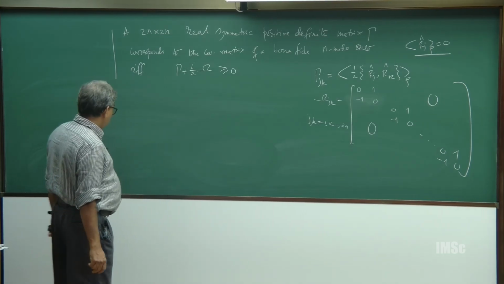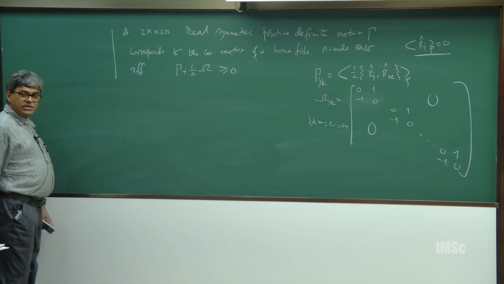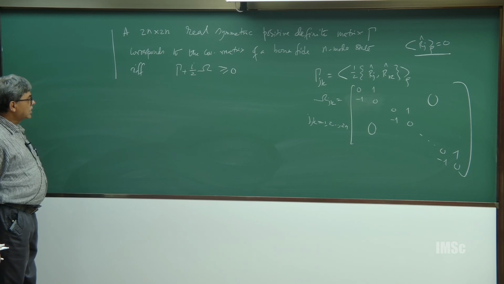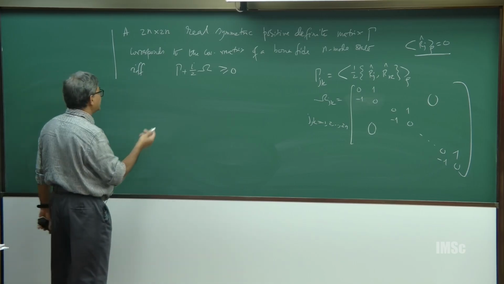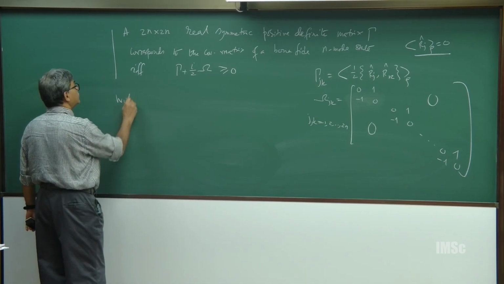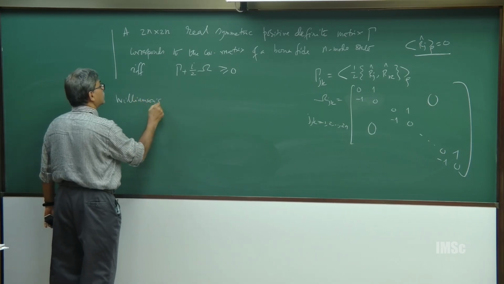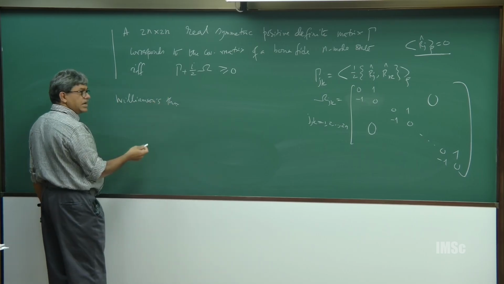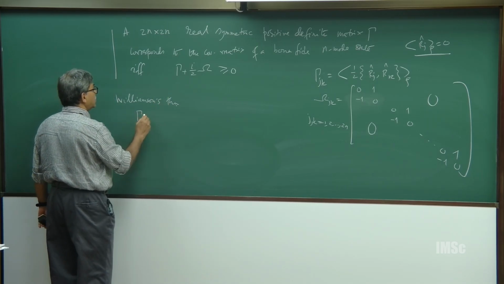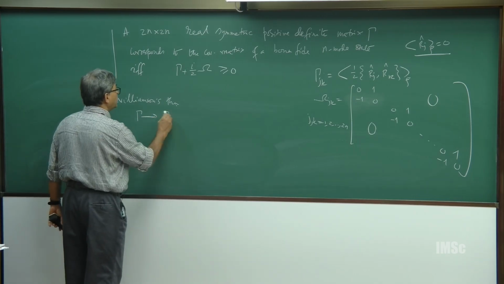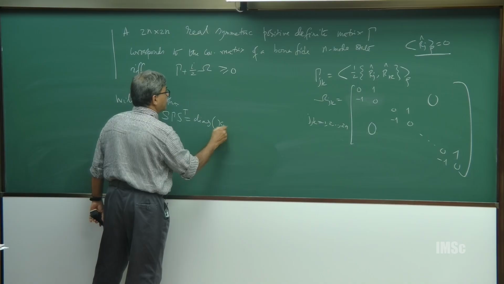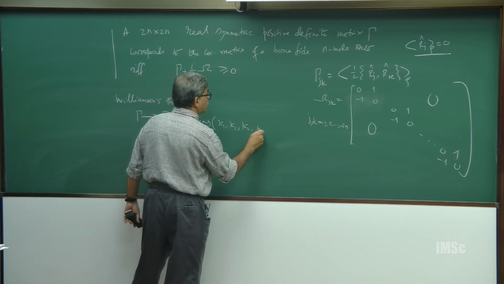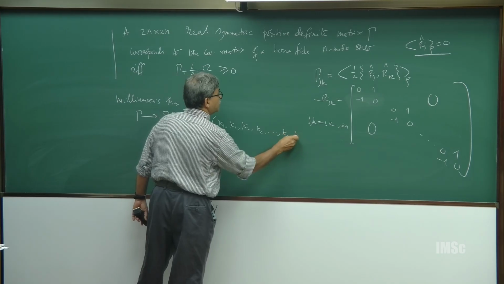Right. So, what we are going to do today, of course, we discussed this earlier also, is that by Williamson's theorem you can cast gamma into S gamma S transpose, which is diagonal form: kappa 1, kappa 1, kappa 2, kappa 2, kappa n, kappa n.